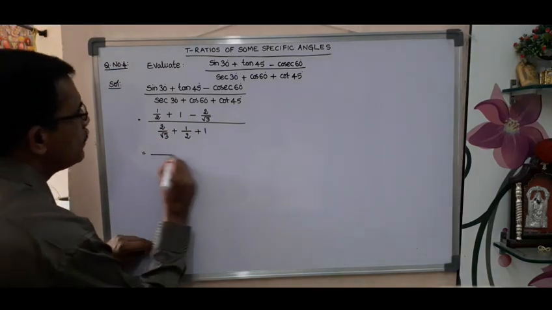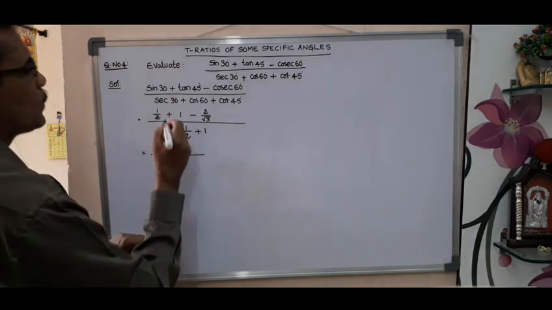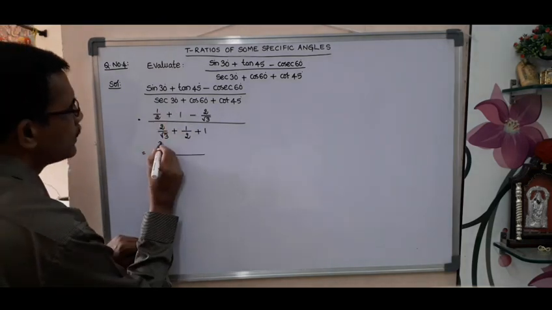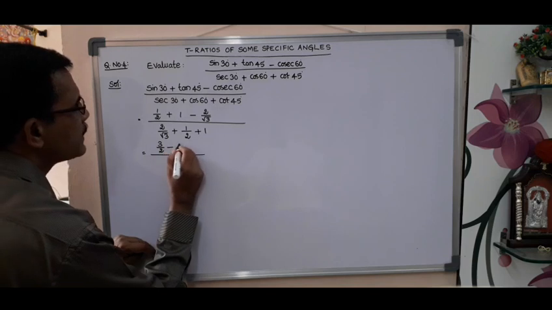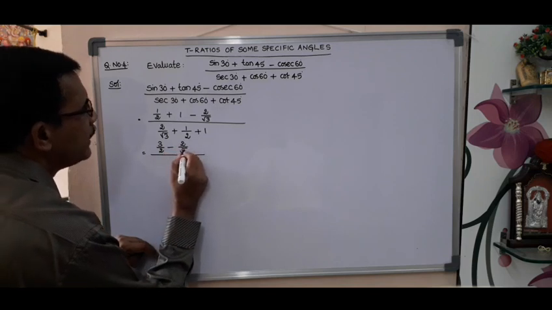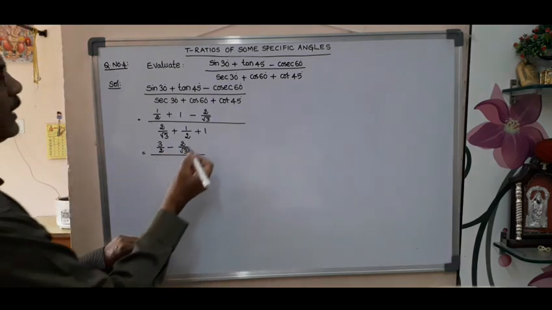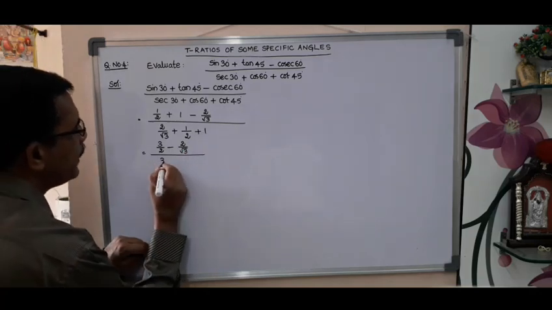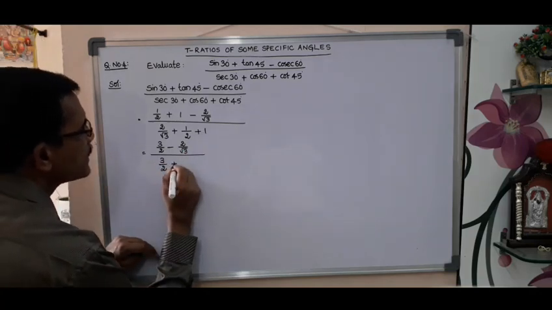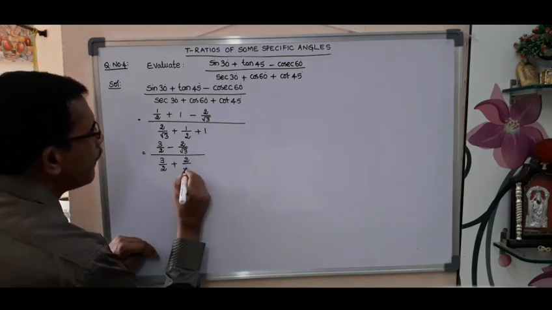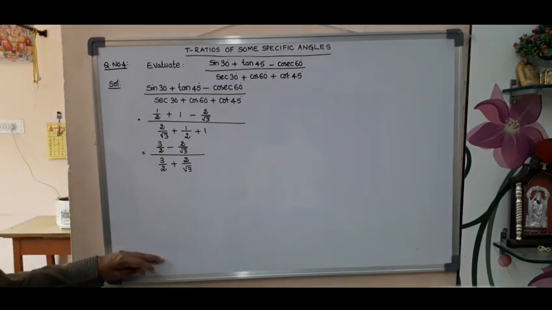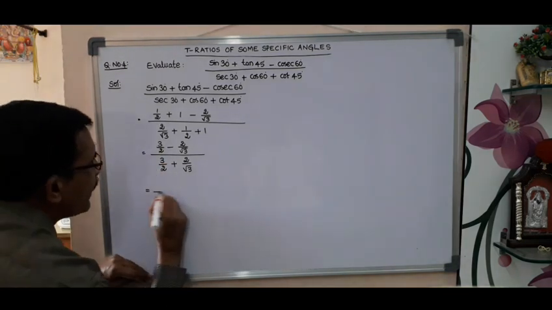This is equal to (1/2 + 1)/(3/2 - 2/√3) in the numerator, and in the denominator, (1/2 + 1)/(3/2 + 2/√3). Taking LCM and simplifying.